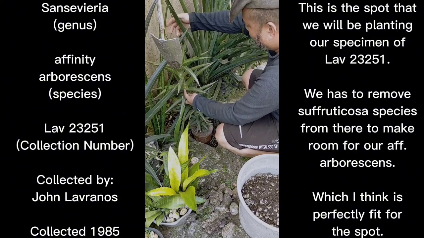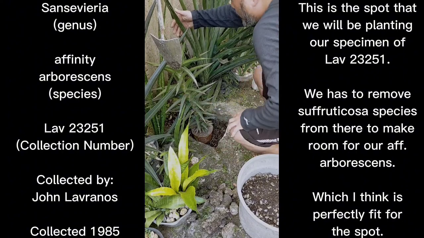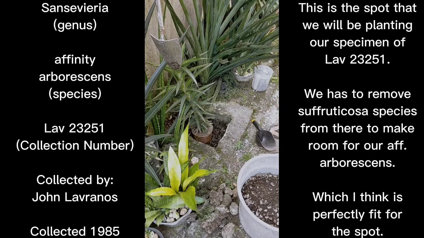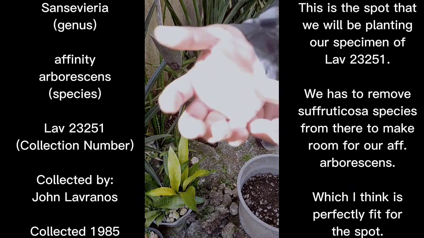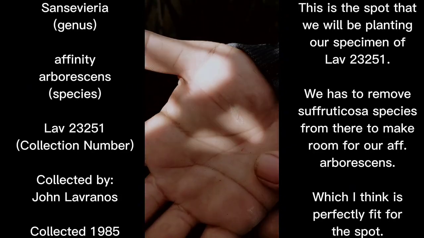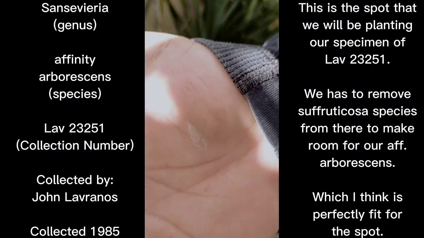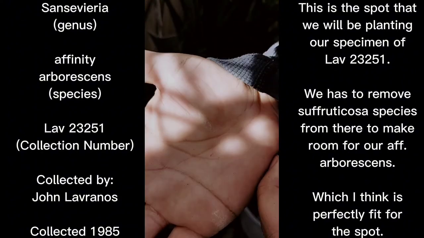By the way, I am showing you the palm of my hand, and I think I poked myself. I didn't even notice it. That is how dangerous the leaf tips of Lavranos 23251, or the affinity arborescens, even the other arborescens types or the original arborescens, are. They really have very hard leaf tips and they are very sharp.